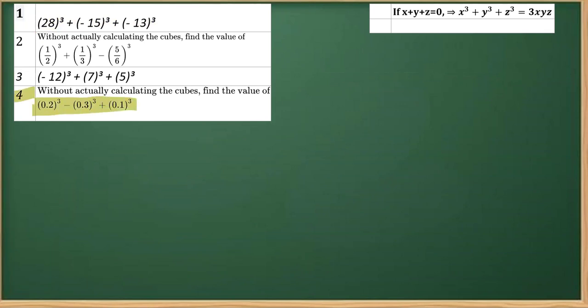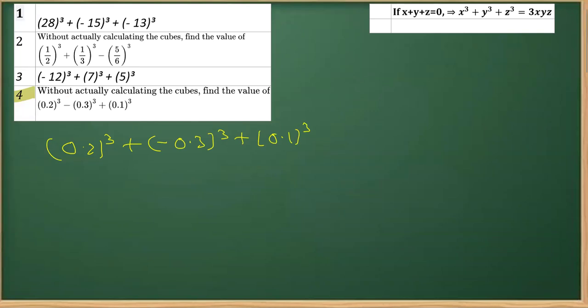Here also you are going to take this as x, but before you do this question, there is something you have to keep in mind: this minus sign is outside the bracket. So first you include this inside the bracket, because we are going to use the identity for plus and not for minus. And this is 0.1 whole cube.